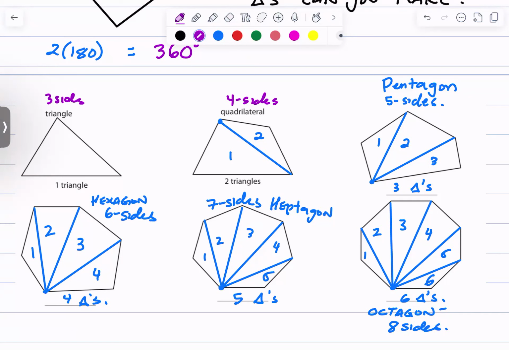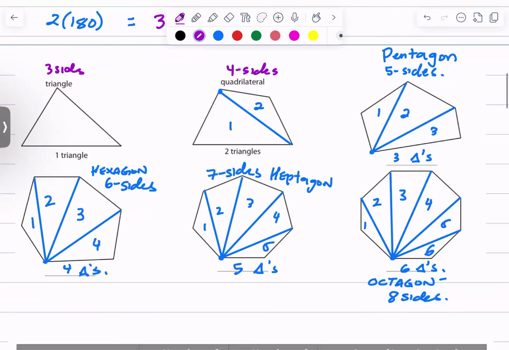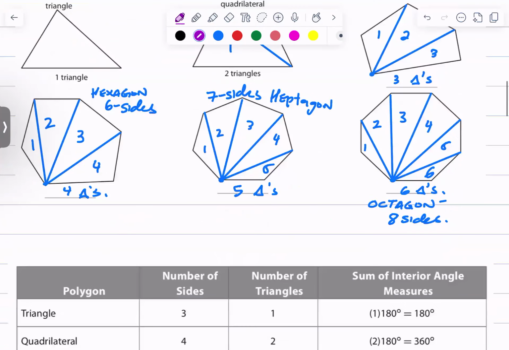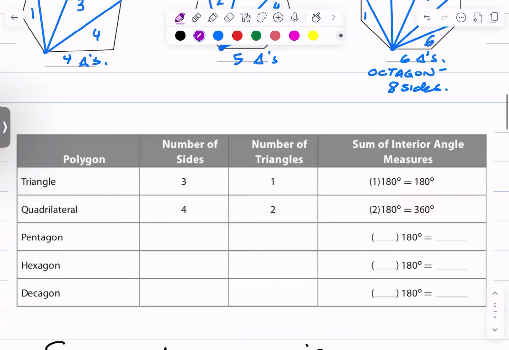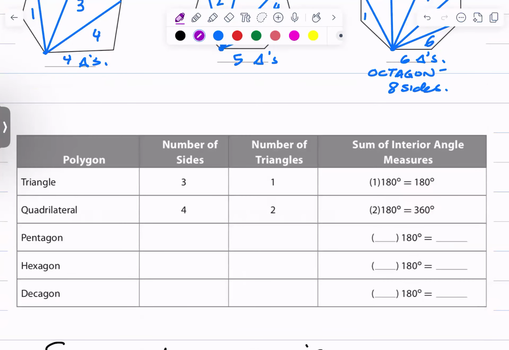Who sees a pattern? 3 sides, 1 triangle, 4 sides, 2 triangles, 5 sides, 3 triangles, 6 sides, 4 triangles, 7 sides, 5 triangles, 8 sides, 6 triangles. Raise your hand high. Okay. All right. Put it down. We're gonna go ahead and fill this out. Okay. And we'll talk about that pattern in a little bit.